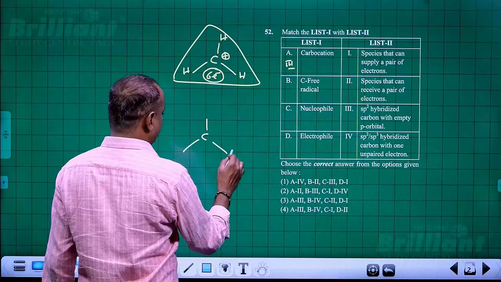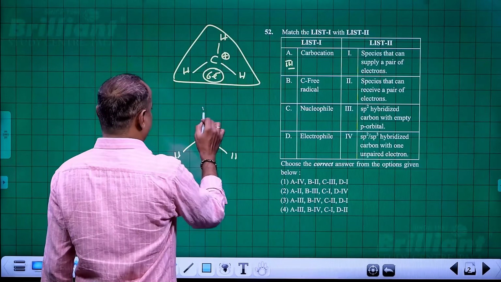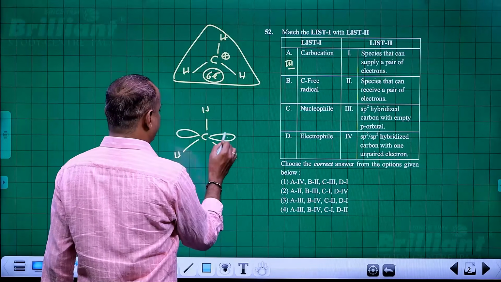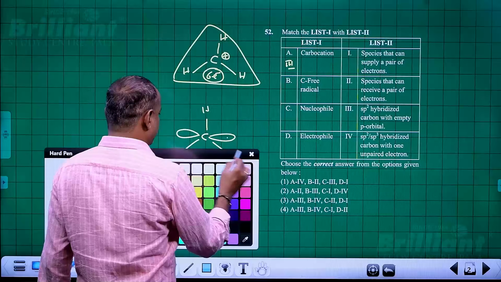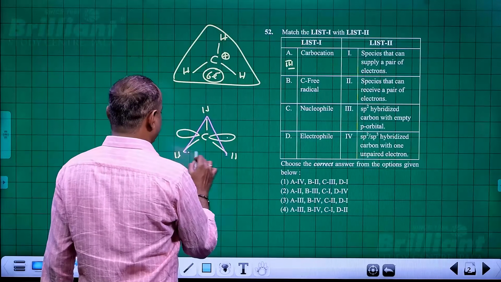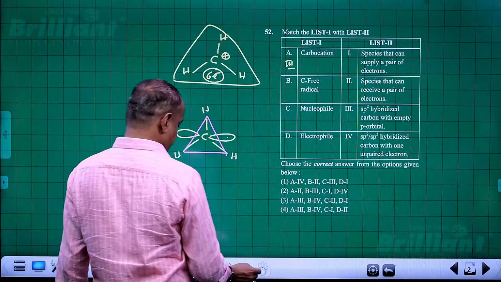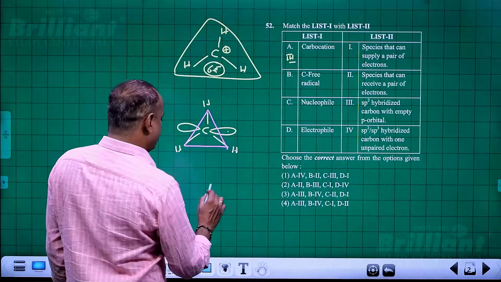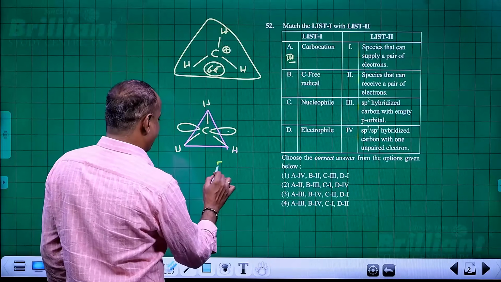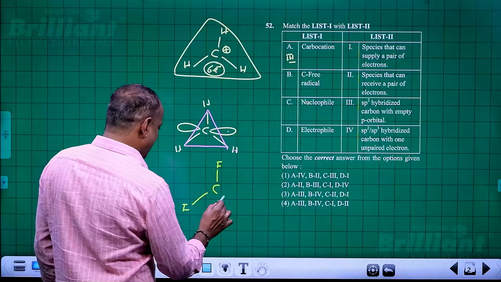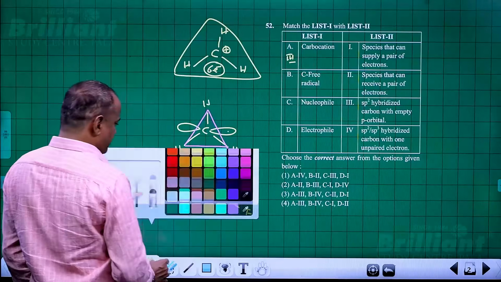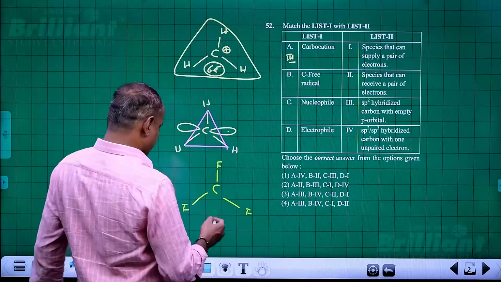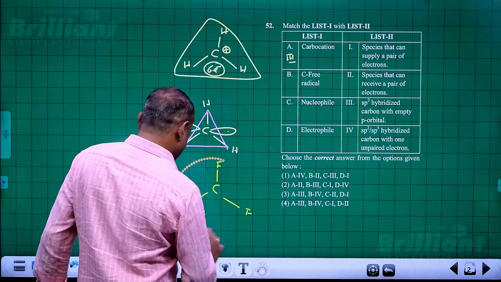CH3, one electron is free. sp2 hybridized. But sp3 means exceptional example CF3, where the more electronegative element will attract this electron also to take part in the hybridization. Therefore, the structure changes like this.